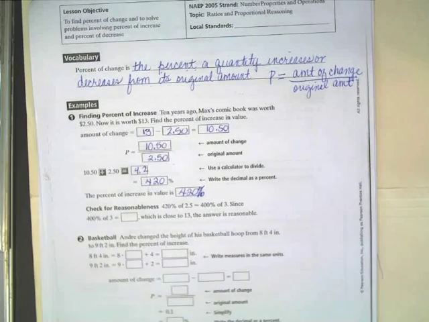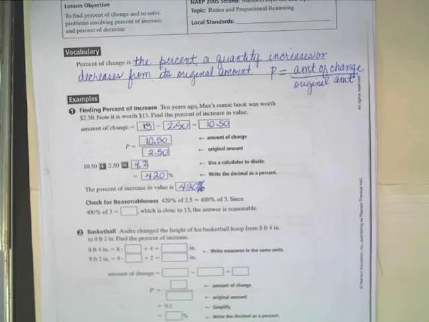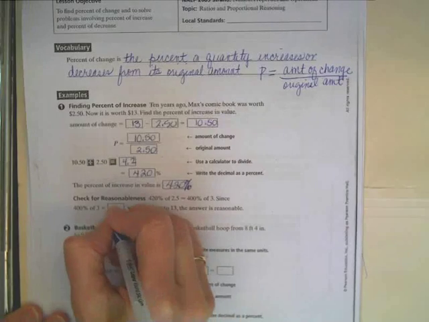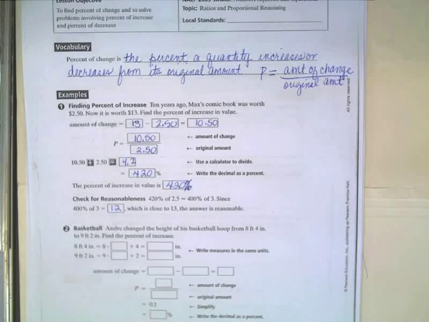And again, it went up, so clearly that is going to be an increase. All right, so let's check for reasonableness. 420% of 2.5 is about 400% of 3. Since 400% of 3 is 12, which is close to 13, the answer is reasonable.